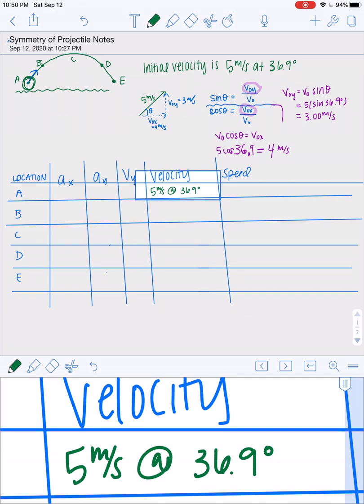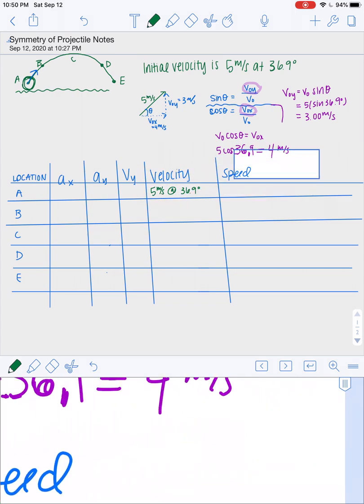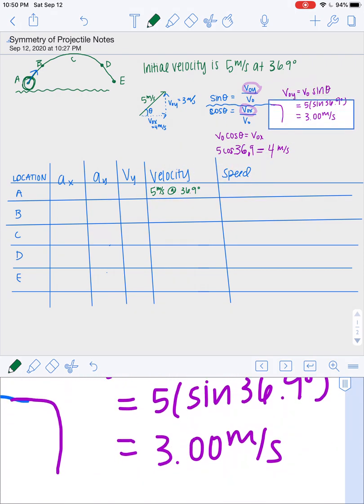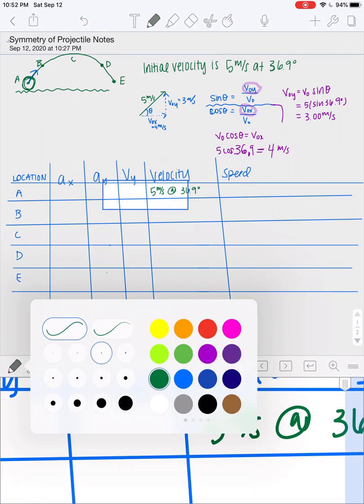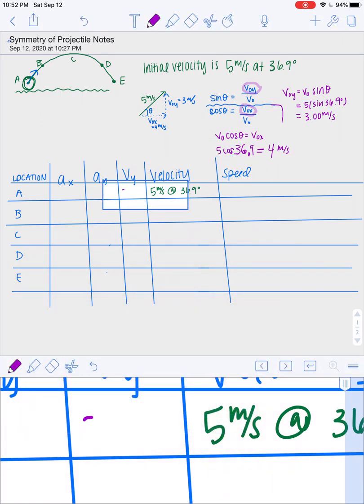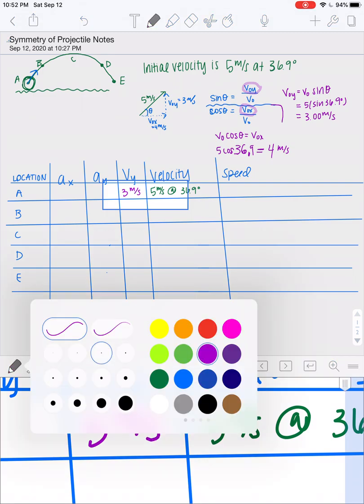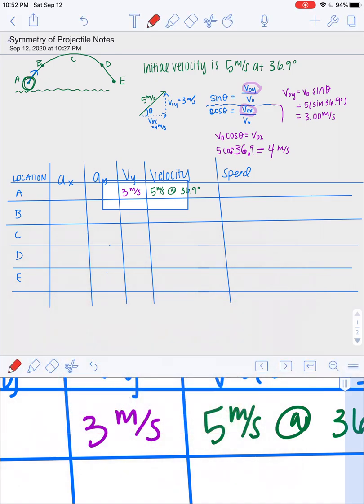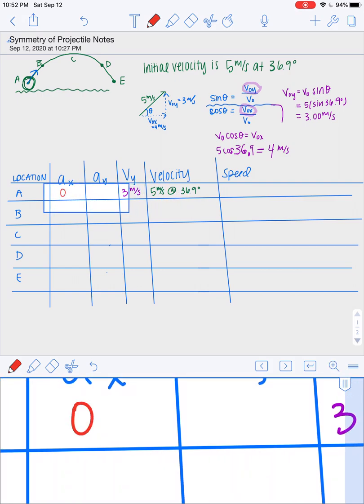Now, we know a lot of other things in this chart as well. We just solved for the velocity, y component, at A. We know that this is 3 meters per second. And there's some other information that we can infer based on our physics knowledge and rules of projectile motion. So I hope that you've already kind of thought about this, or maybe even already filled it in.